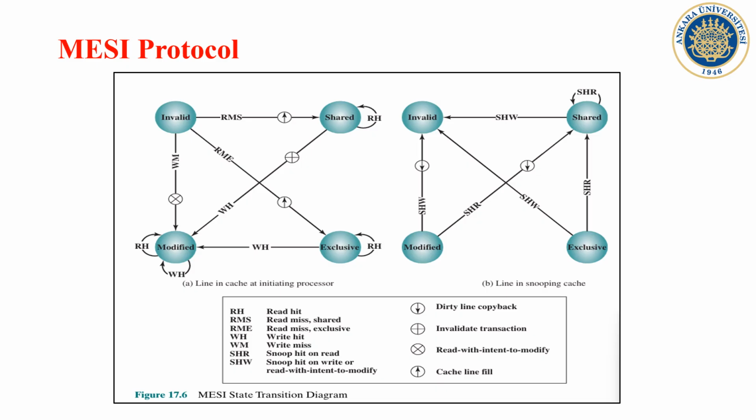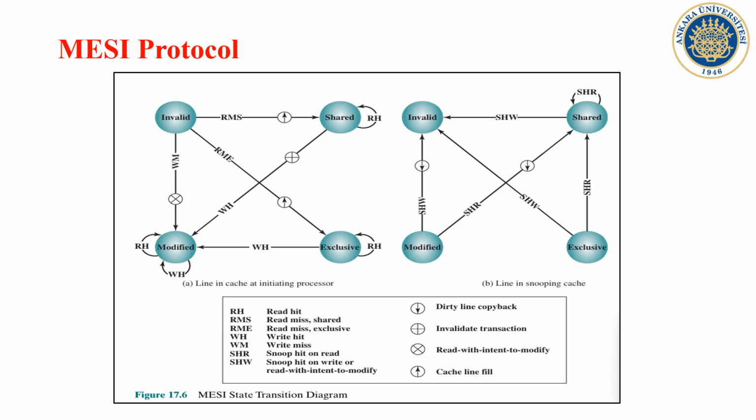Read hits and write hits are usually completed immediately because the data is already present in the cache and cache coherence is not violated. If necessary, the snooping mechanism ensures that other caches are aware of the operation. In the miss situation, the cache line state may change depending on whether another processor holds a copy of the data and whether the copy has been modified.